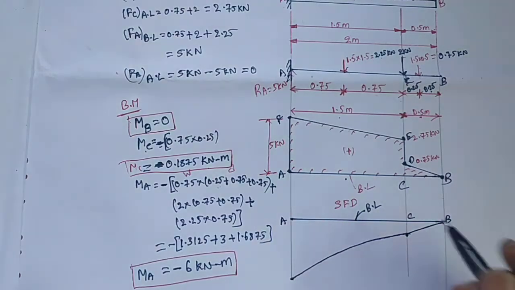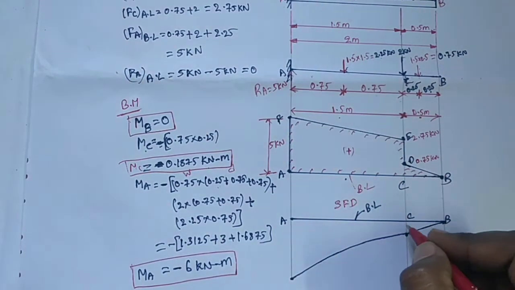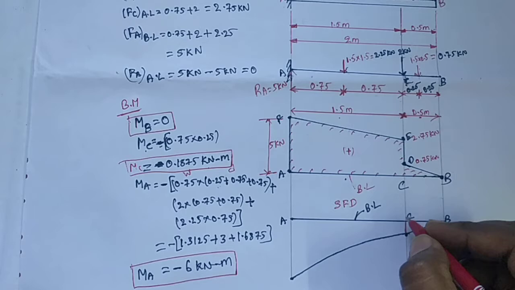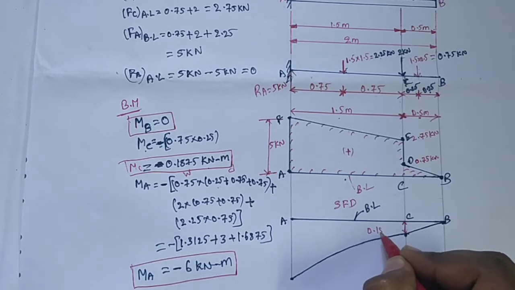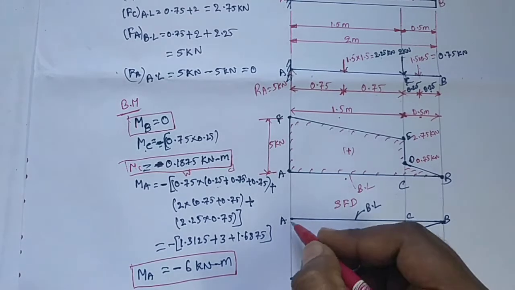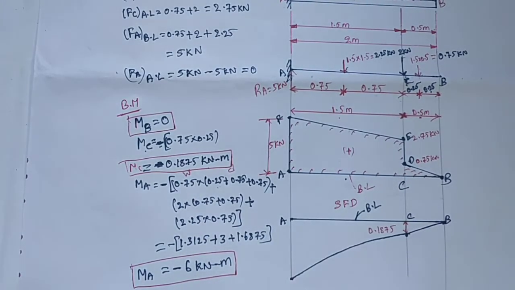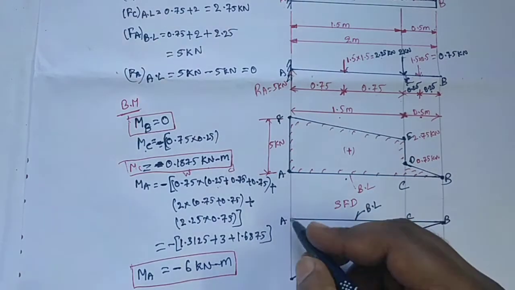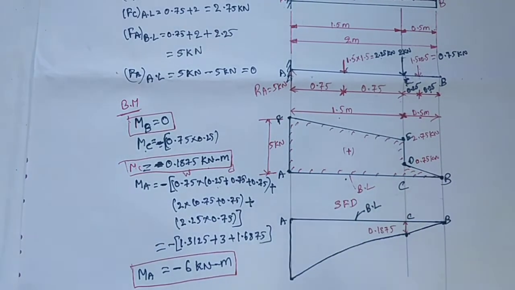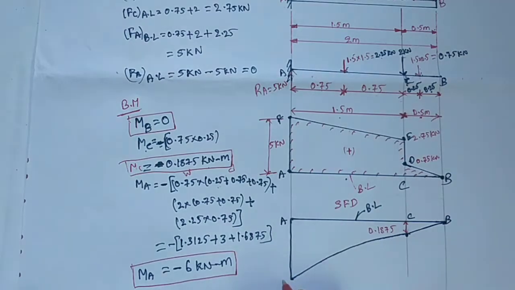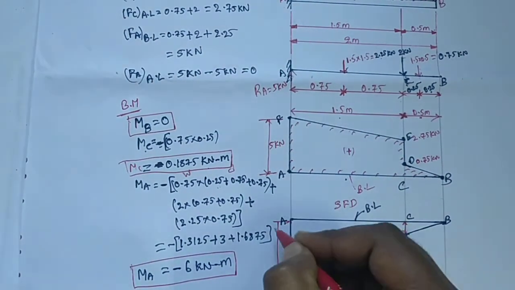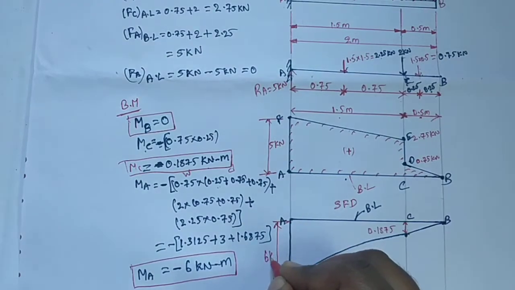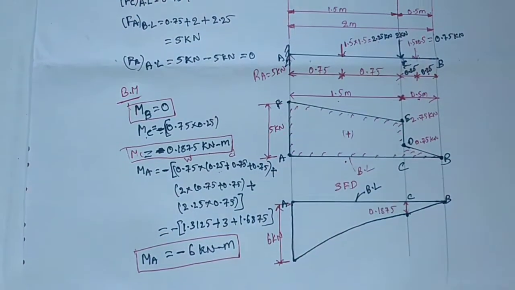From this point to this point, the value is 0.1875, and this point is 6 kilonewtons.